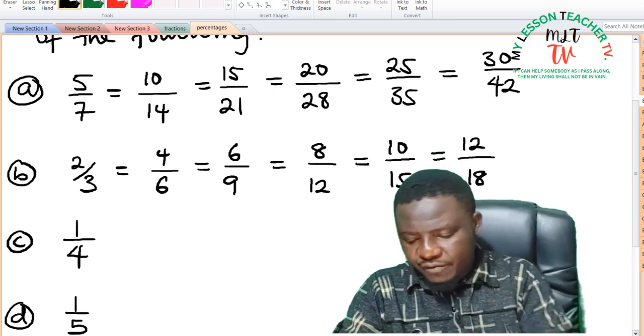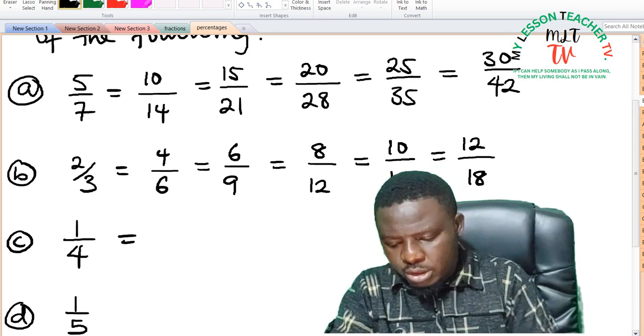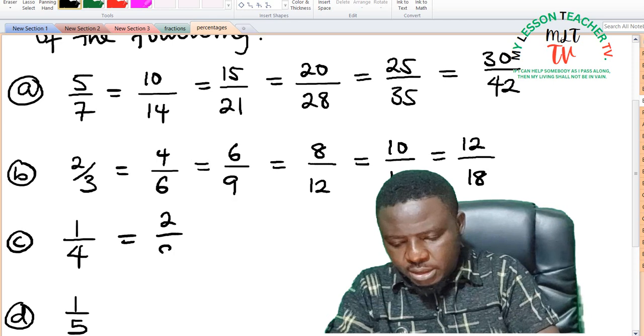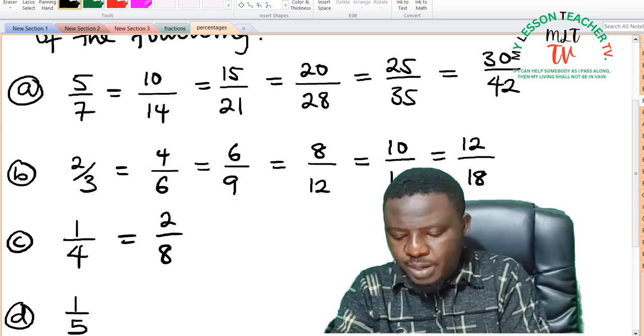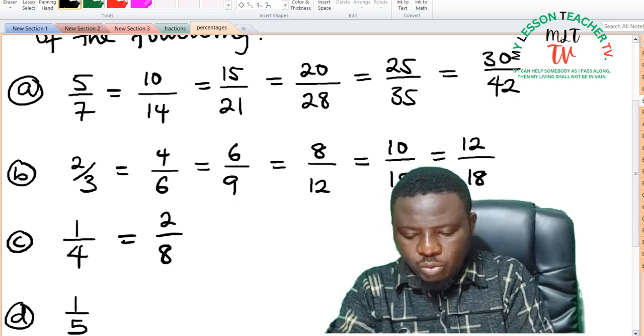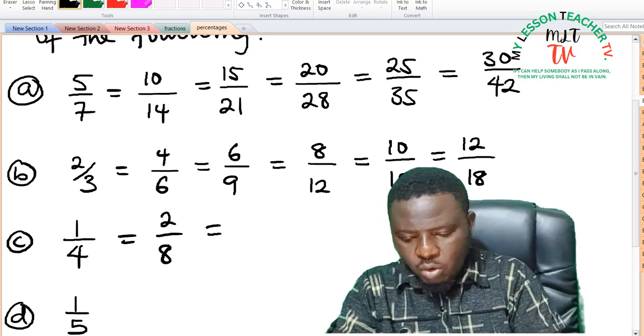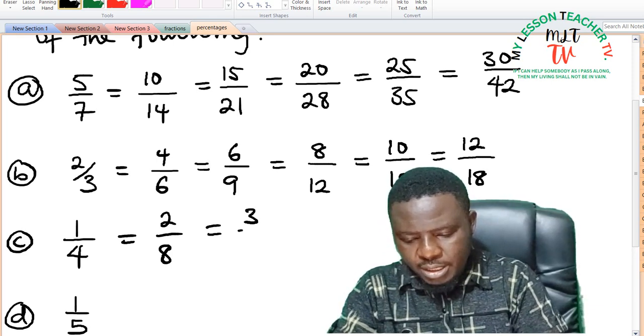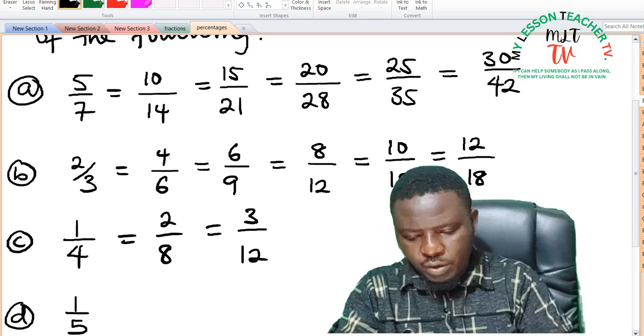For 1 over 4, the first equivalent fraction is going to be 2 over 8, simply because I have multiplied the numerator and the denominator by 2. The second will be you multiply by 3, and that will be 3 over 12.